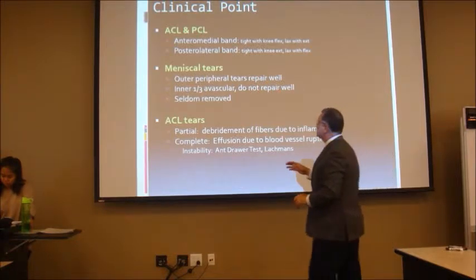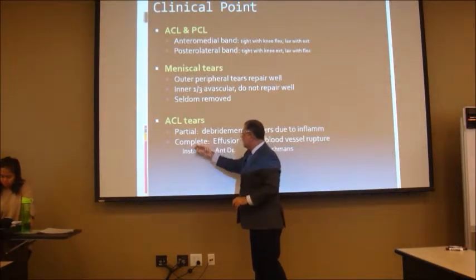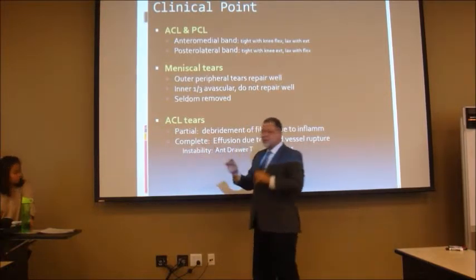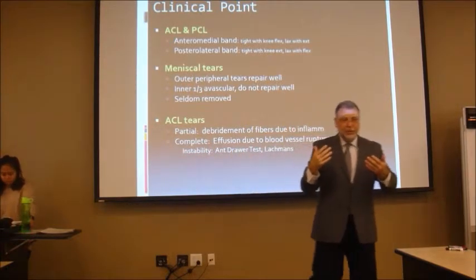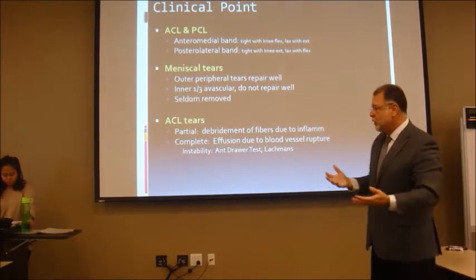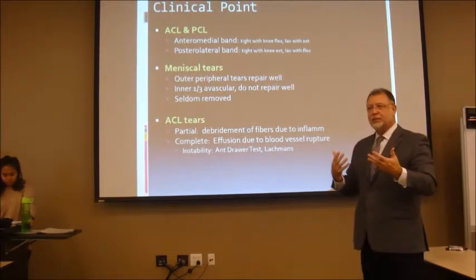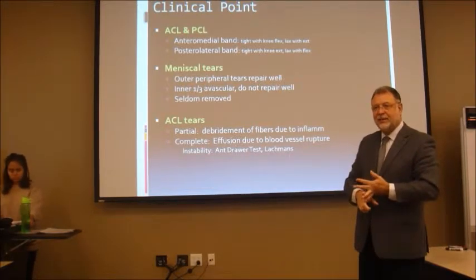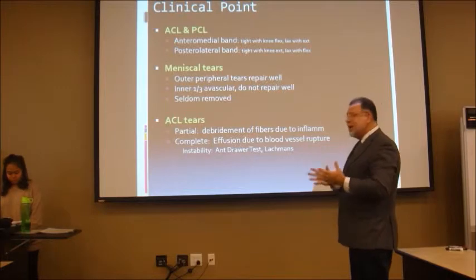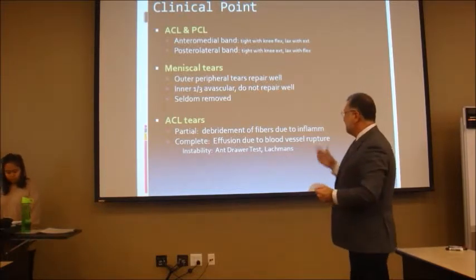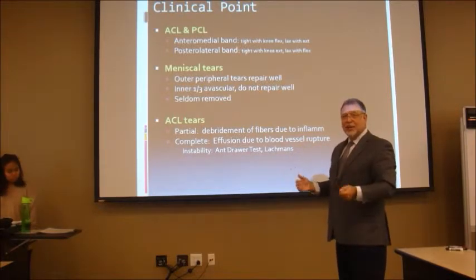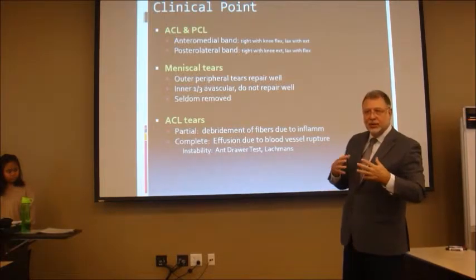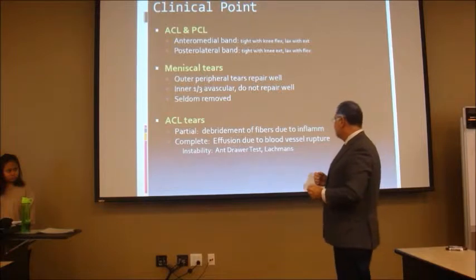In the ACL, the tears that you might have, either partial or complete, are going to be defined for treatment by the person's age and the patient's physical activity, needed to make the best decision for that. People can live without an ACL, and the chances of having osteoarthrosis are going to be directly related to the amount of physical activity that they have.